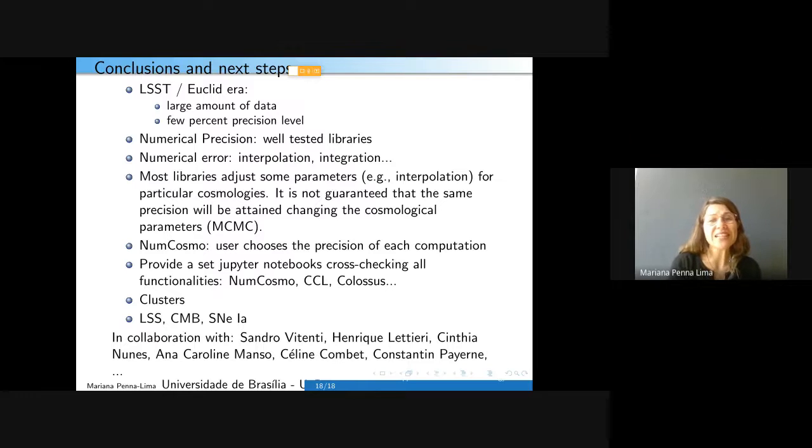So it's not guaranteed, when you are performing, for example, an MCMC analysis, that the precision you are assuming your code has is really being attained if you are computing your functionality at another point of the cosmological parameter space.